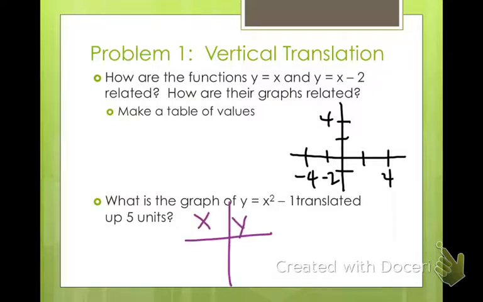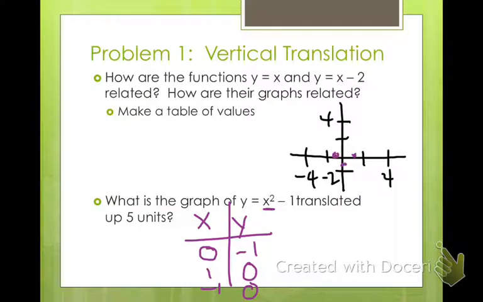Does anybody know what this x squared is going to make? Well, if not, we're going to find out. Okay, so let's plug in 0. 0 squared is 0, minus 1 is negative 1. 1 squared is 1, minus 1 is 0. Negative 1 squared is 1, minus 1 is 0. So 0, negative 1, 1, 0, negative 1, 0.